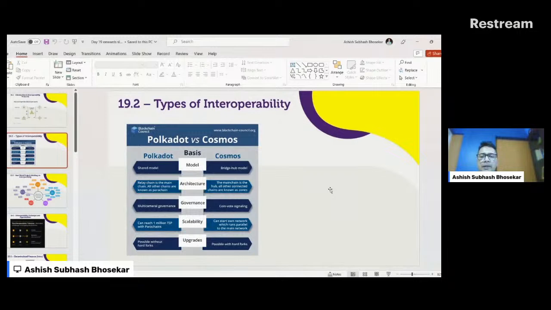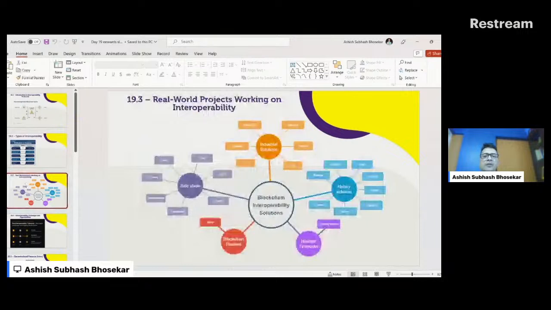Here it is coin-weighted signaling, and for scalability, it can reach one million transactions per second with parachains. In Cosmos, it can start its own network which runs parallel to the main network. Upgrades are possible without a hard fork in Polkadot, and in Cosmos it can be done with hard forks, right? So that was a quick look at these two types of interoperability systems.